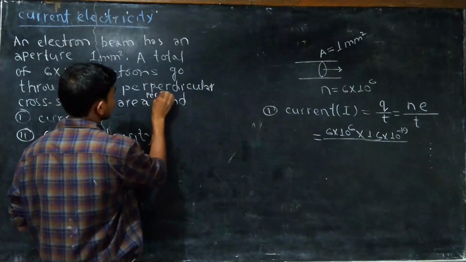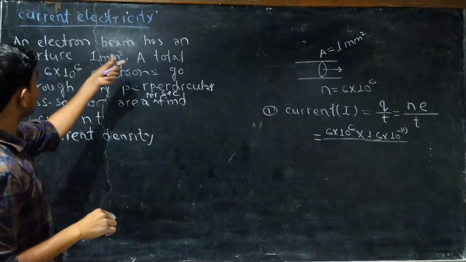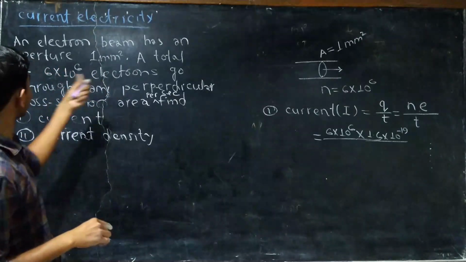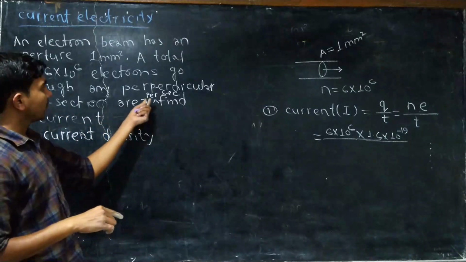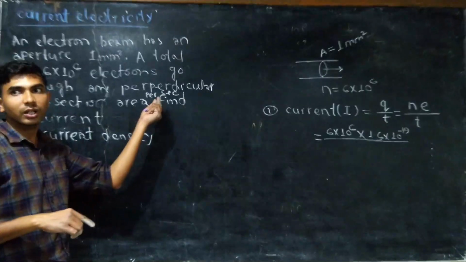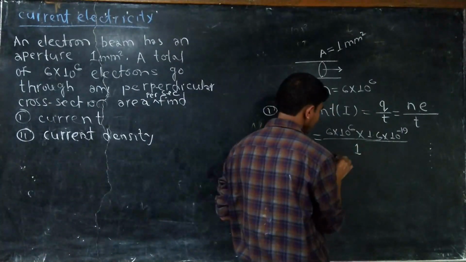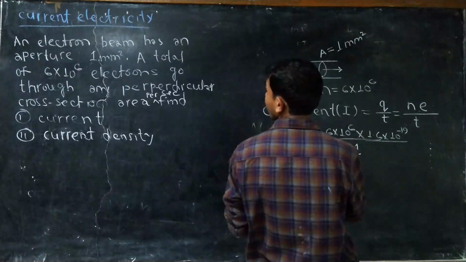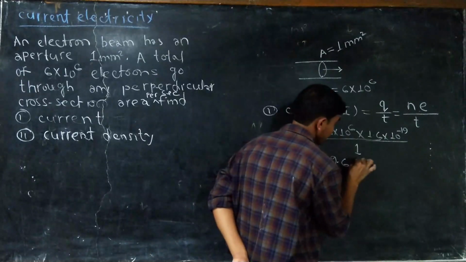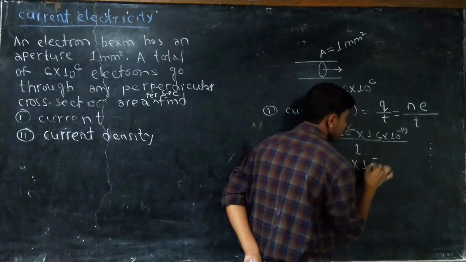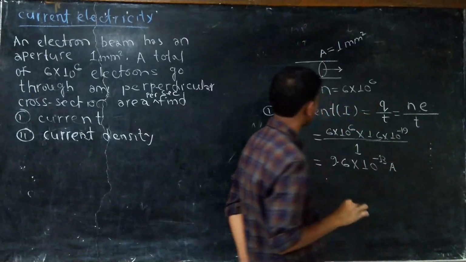The question says that in an electron beam this many electrons go through any perpendicular cross-section area per second, so T is 1 second. By solving this you get the answer, 9.6 into 10 to the power minus 13, and since this is current, the unit is ampere.